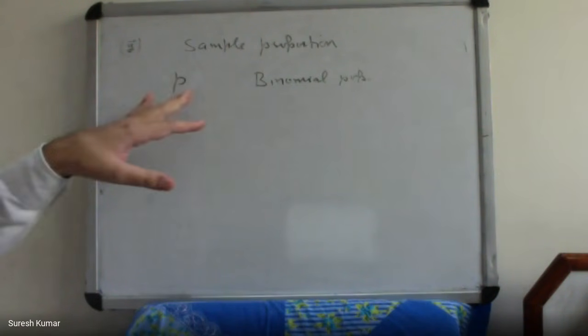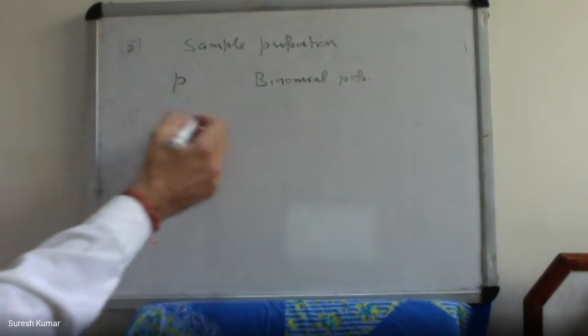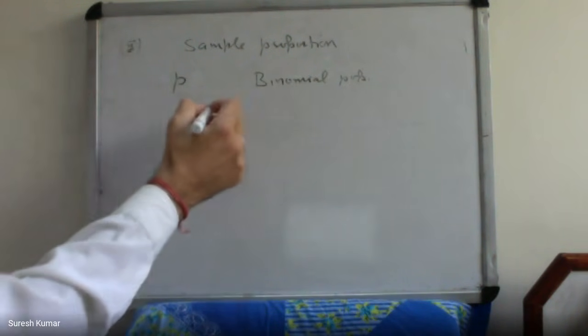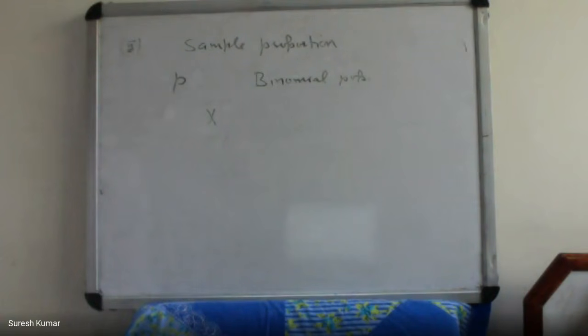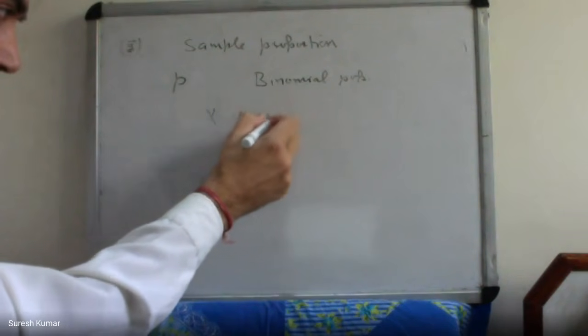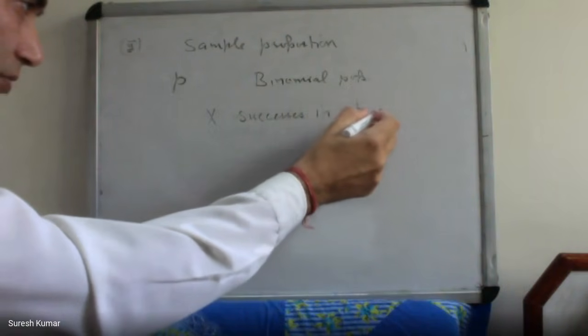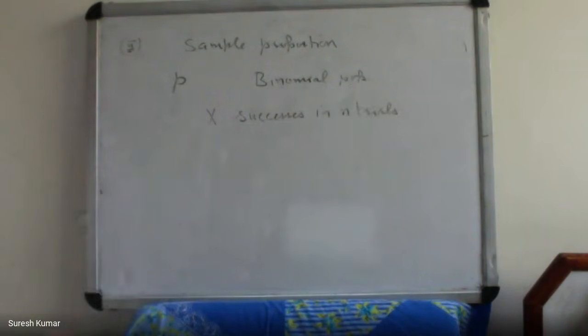Let's say in general, the success probability is P. After that, let's say n trials are performed and X successes are obtained, X successes in n trials.